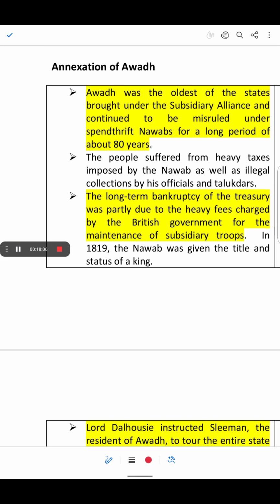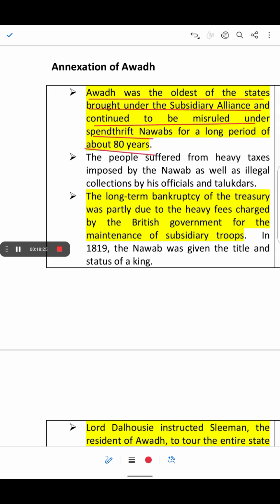Annexation of Awadh. Awadh was the oldest of the states brought under the subsidiary alliance and continued to be misruled under spendthrift Nawabs for a long period of time, about 80 years.